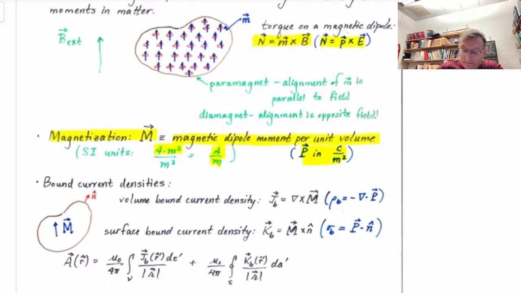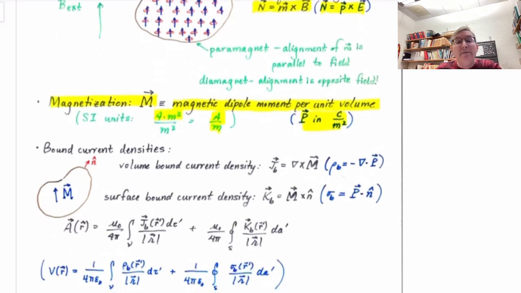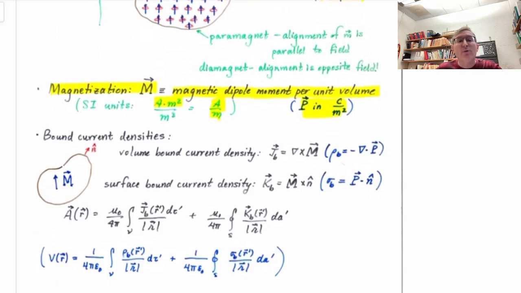Okay, so now, having magnetization, let's just worry about the fact that we've got a chunk of matter and it has magnetization. Just like in Chapter 4, when we had a chunk of matter with polarization, we could think of that as producing volume bound charge density and surface bound charge density.